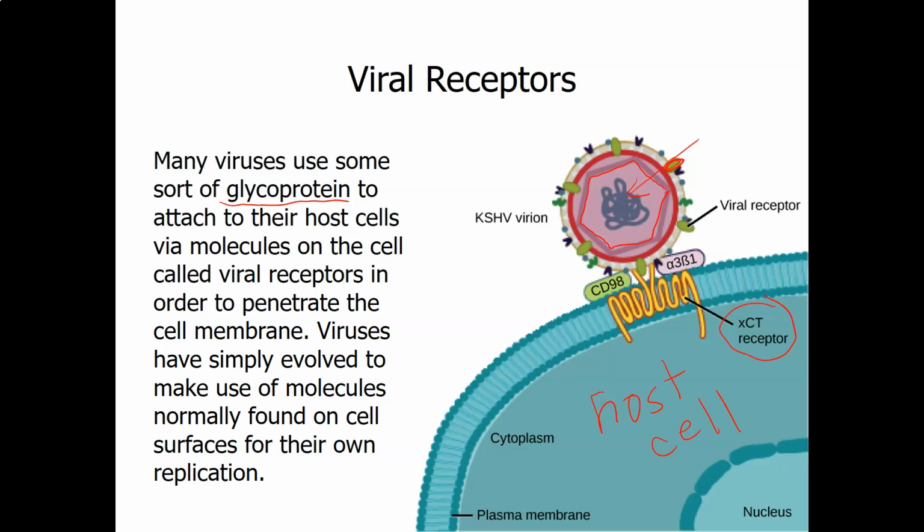And you can see here how it's got a special shape, but especially right in here, it's shaped to where the viral receptor can fit into that shape. And then we have two other molecules that have to bind to a CD98 and an alpha 3 beta 1 molecule.